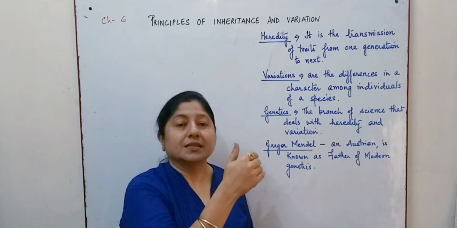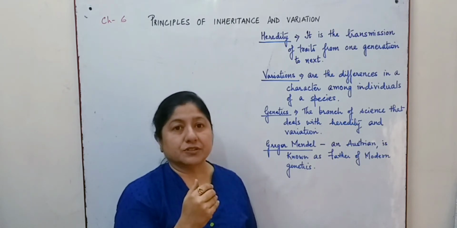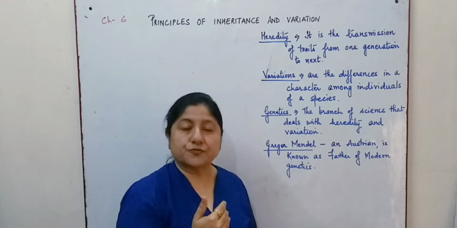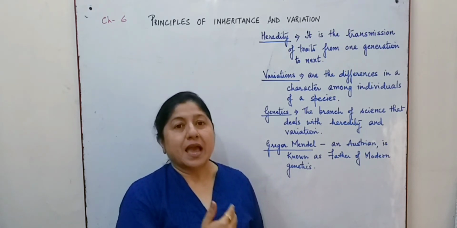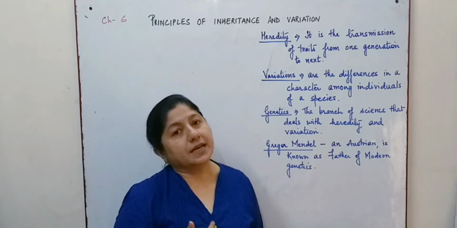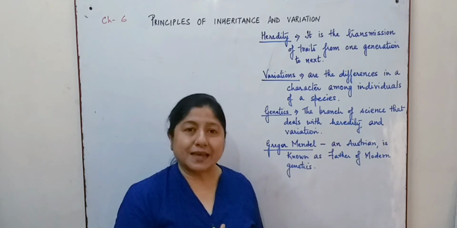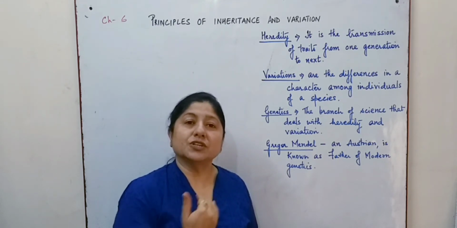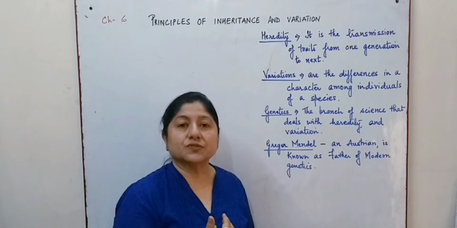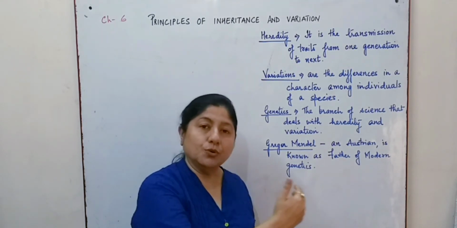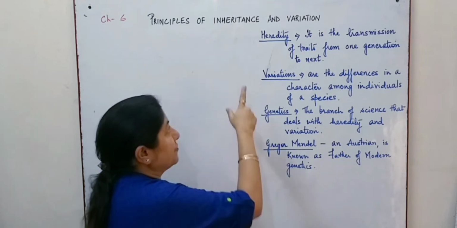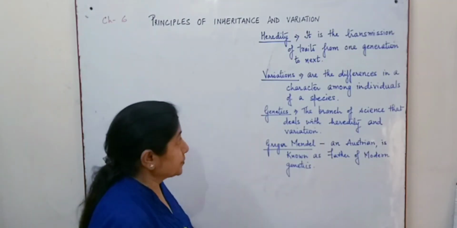That means the traits or the characteristics are passed from the parent to the next generation, and that is called heredity. So we see similarity between the generations, and that transfer of characteristics or traits from one generation to another is defined as heredity.